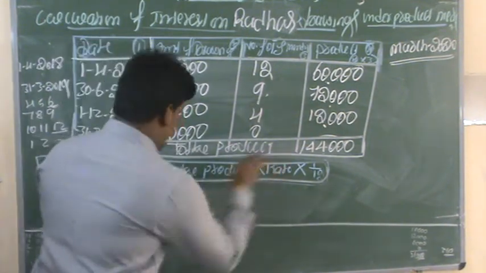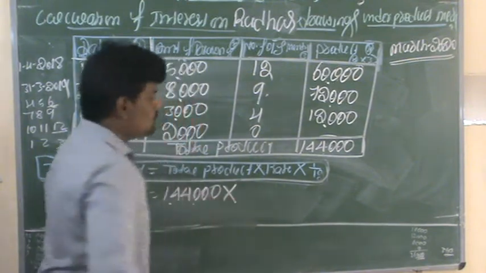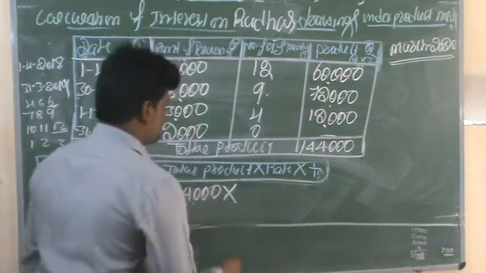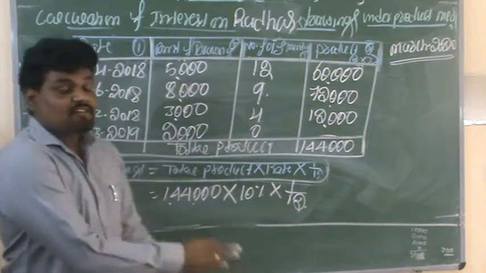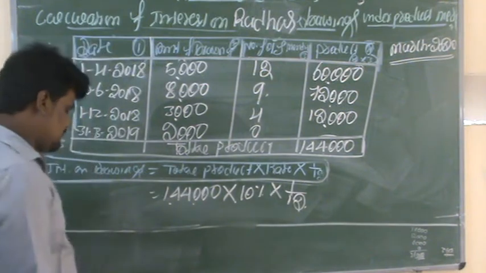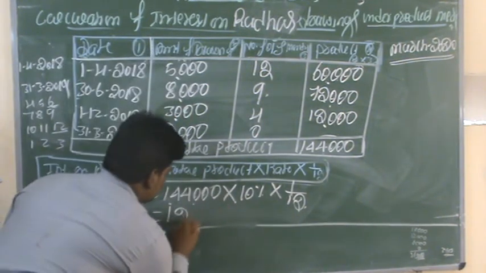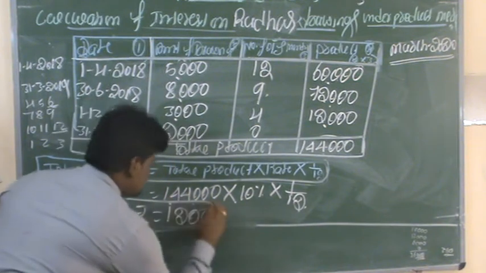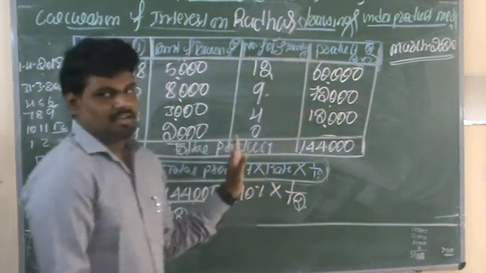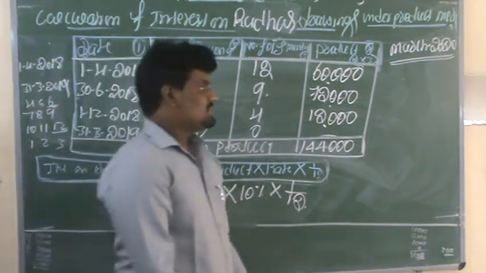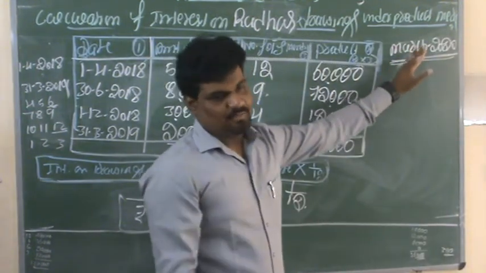The total product is 1,44,000 into the rate of interest, already specified as 10%, into 1/12. 1,44,000 into 10% into 1/12 gives you 1,200. This is the interest on Radha's drawings. So this is the question from the March 2020 annual examination.